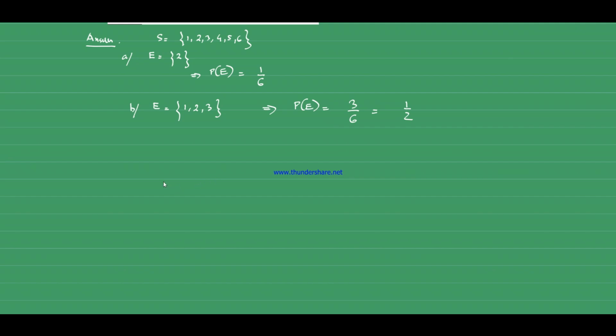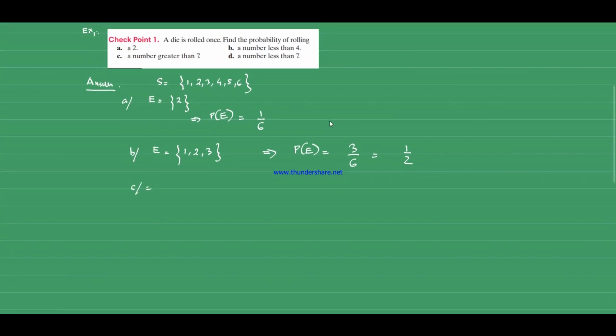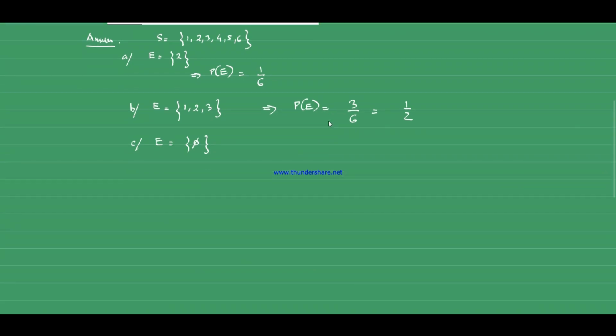Okay, and for part C, the E is different now. E is any number greater than 7. But the dice we have only has 1, 2, 3, 4, 5, 6.